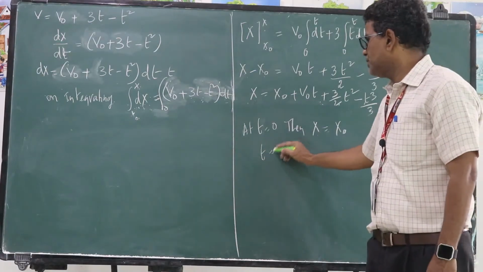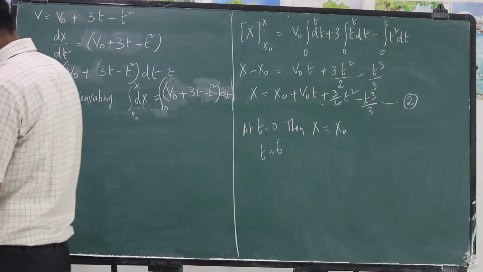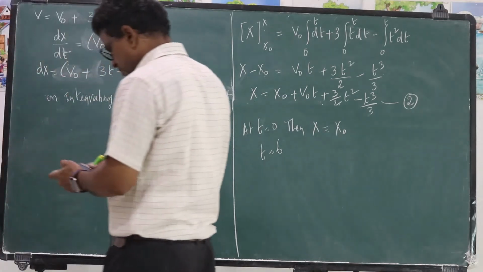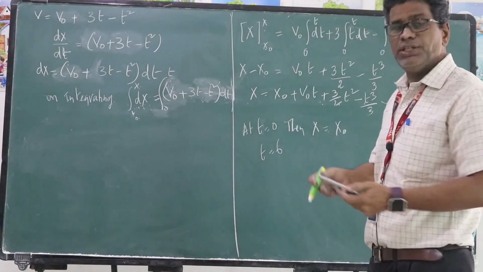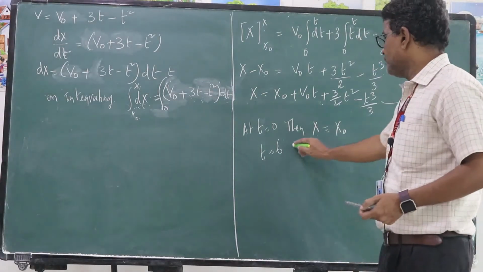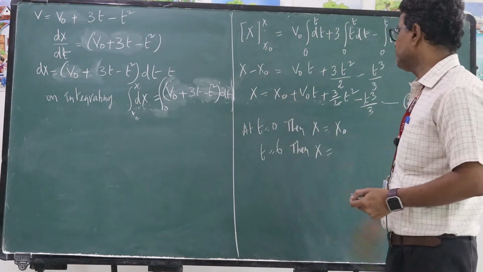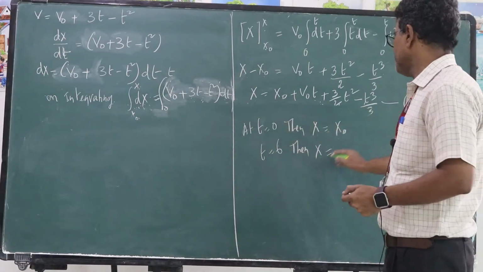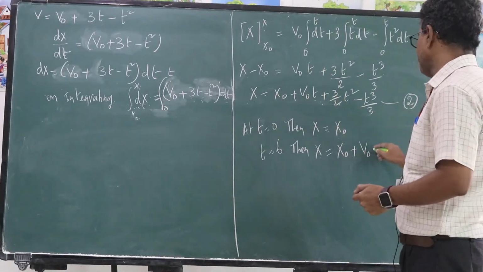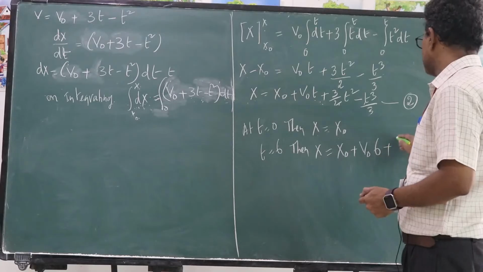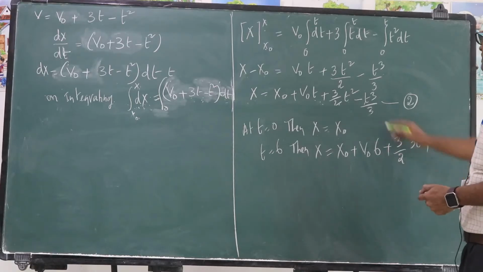At t is equal to 6 seconds, isn't it? What is the given? The given is that at the instants t is equal to 0 and 6 seconds, the particle will occupy the same position. x is equal to x naught plus v naught t, you substitute t is 6, plus 3 by 2 into 6 square, 36, minus t cube.